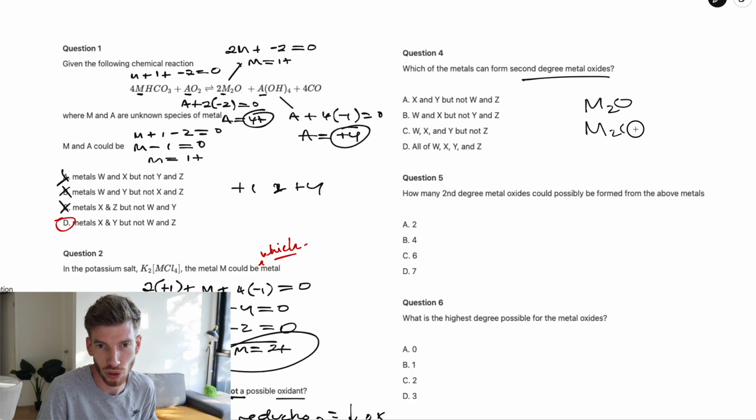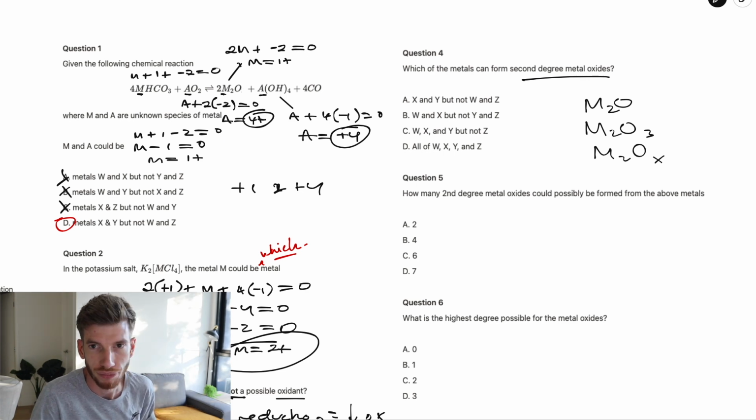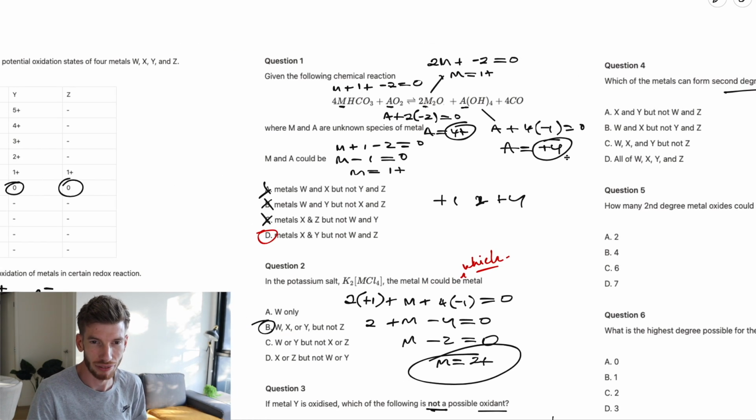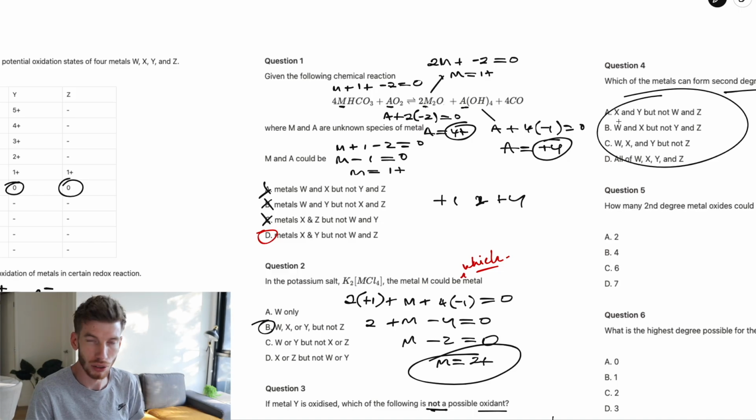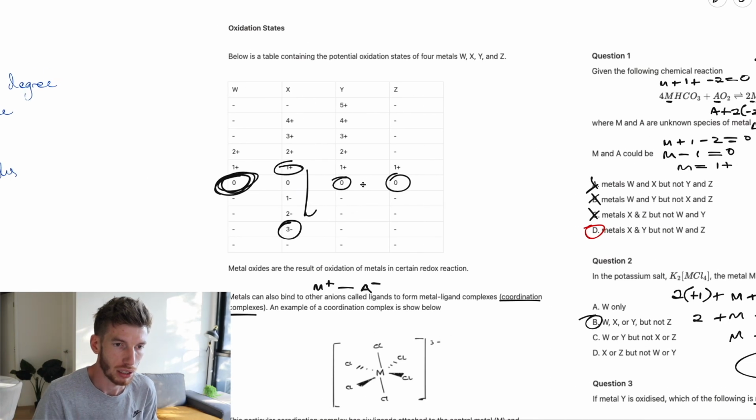They can also be M2O3, they can be M2O anything, right? Doesn't matter. As long as it's got 2 metals, then it's a 2nd degree. So this one we really just have to check. I probably wouldn't look at these. I'd probably just work out which ones can and which ones can't, and then make a list and come back.